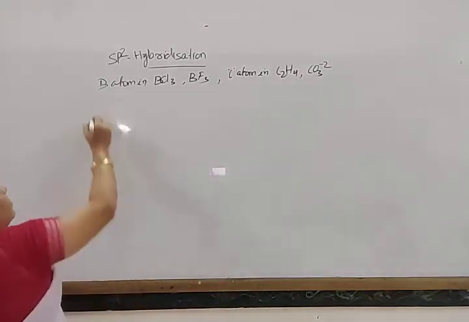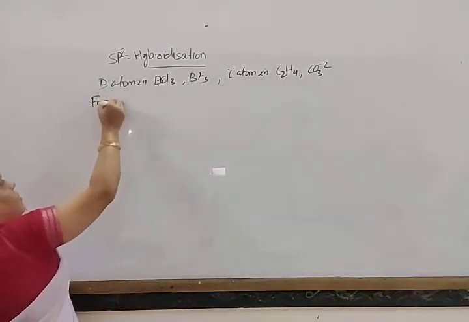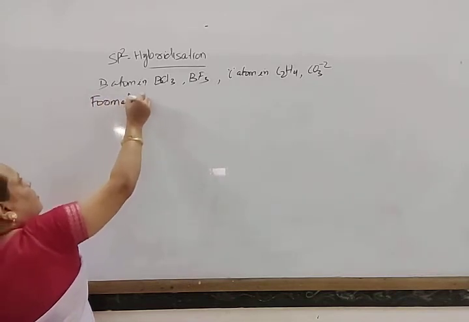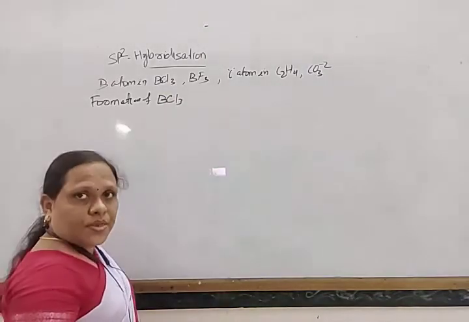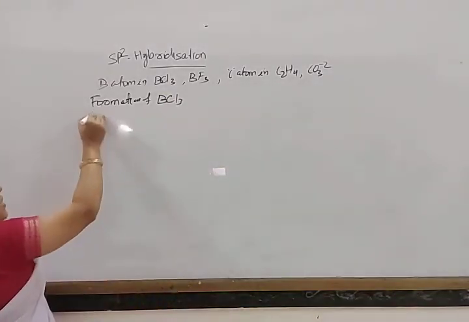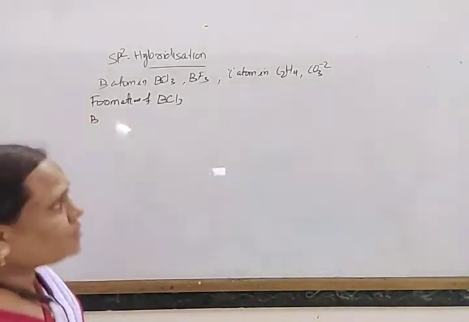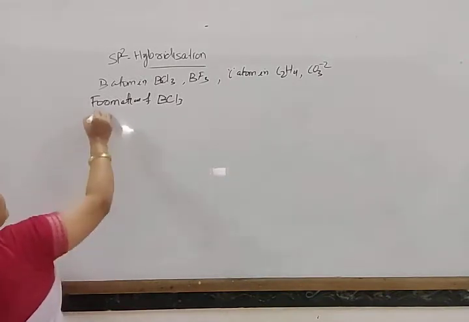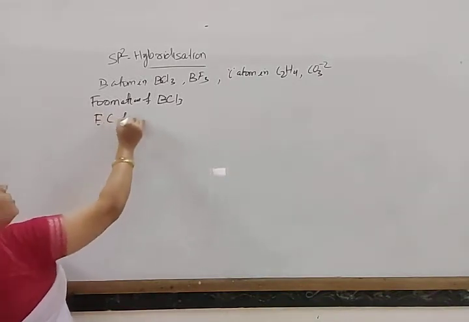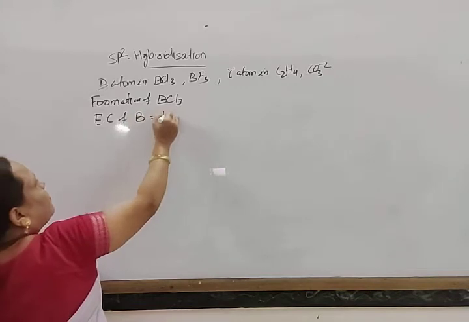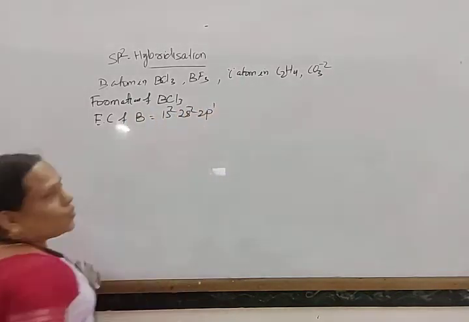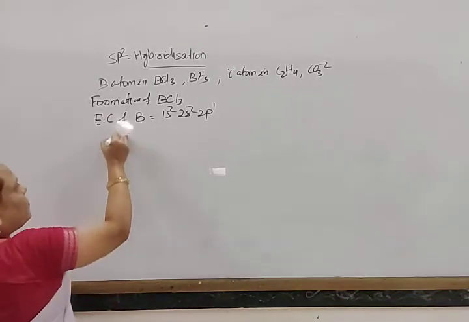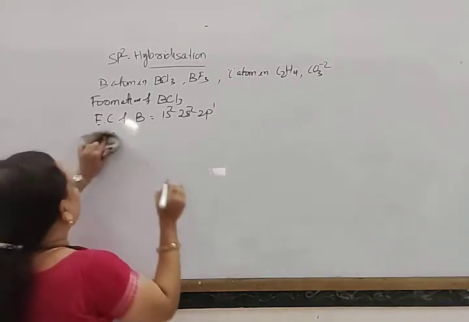Look at one example: formation of BCl3. The electronic configuration of boron is 1s2, 2s2, and 2p1 at ground state.